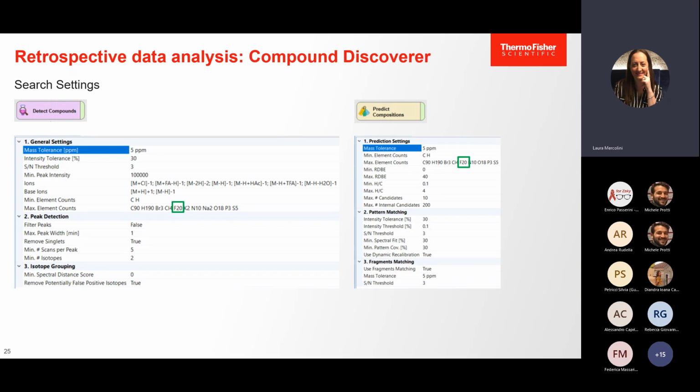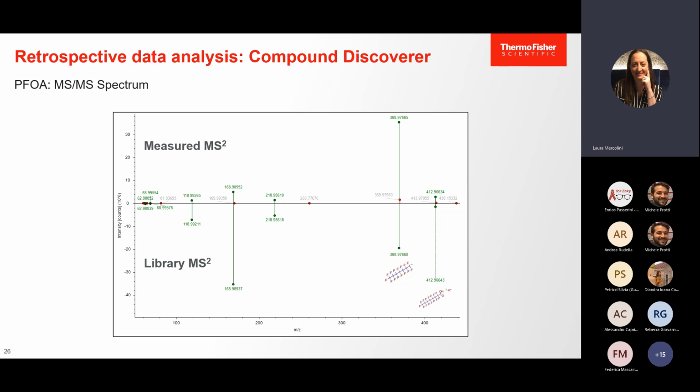It means that it does not only search in the mass library, but it predicts eventually something that is not in the mass library that contains fluorine and sometimes bromine. And then comparison with MS/MS acquisition. Because if you do full scan, if you do targeted SIM, you have all the spectra behind with data-dependent acquisition.